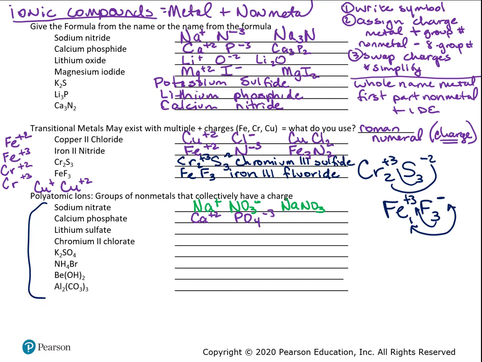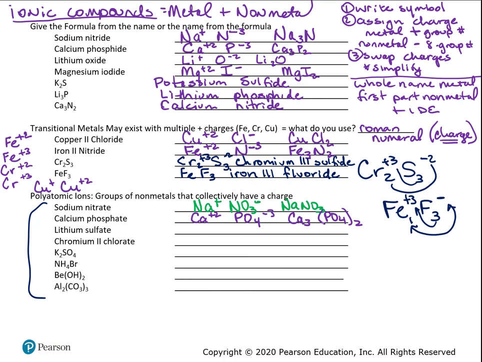So how many calcium do I end up with? 3. So Ca3. So remember that 3 is the charge on the phosphate. And so that tells me how many phosphates? 2. The charge on the calcium tells me how many phosphates. So I have PO4, parentheses, 2. Just write the name of the polyatomic. If there's more than one, use the parentheses and put the number outside of that parentheses.